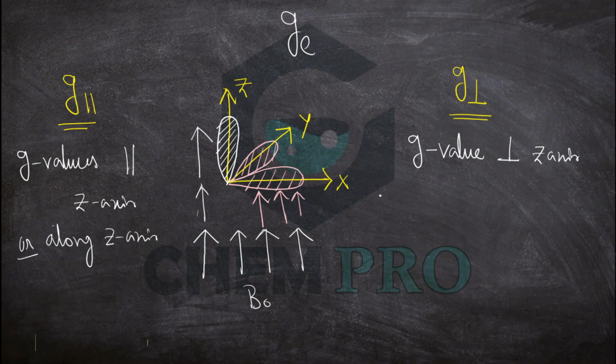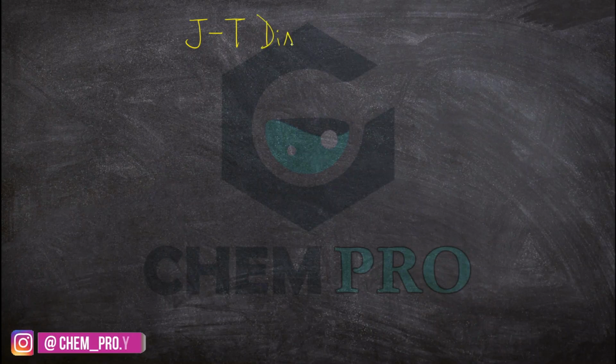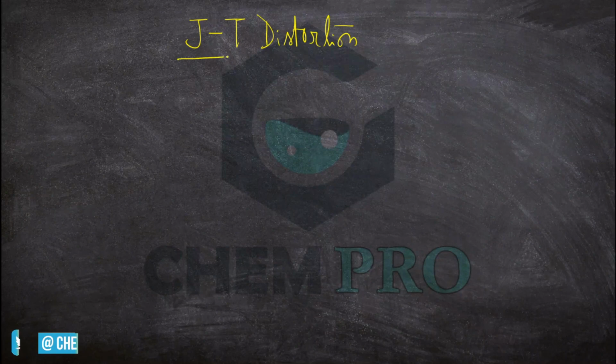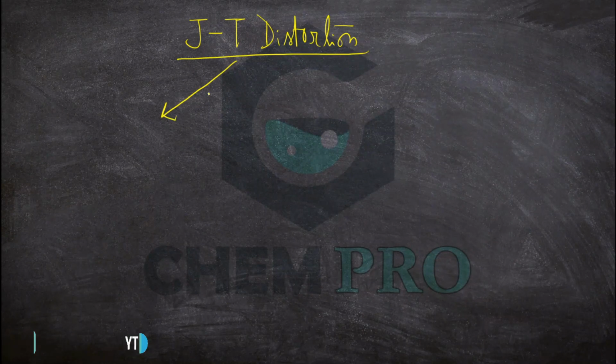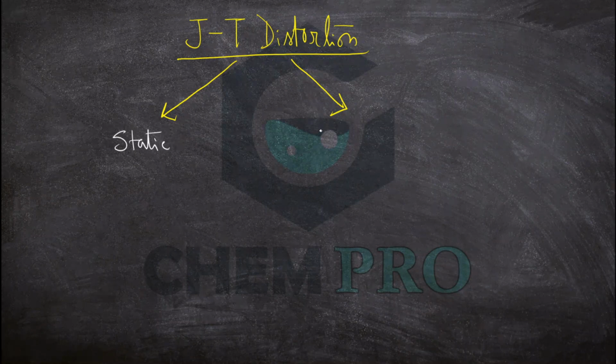Okay, so basically the concept arises from the Jahn-Teller distortion. Okay, and we all know the Jahn-Teller distortion. So the Jahn-Teller distortion is of two types. So first one is static Jahn-Teller distortion and second one is dynamic Jahn-Teller distortion.